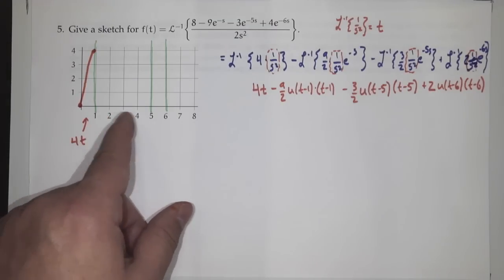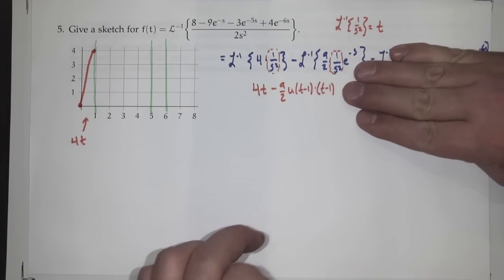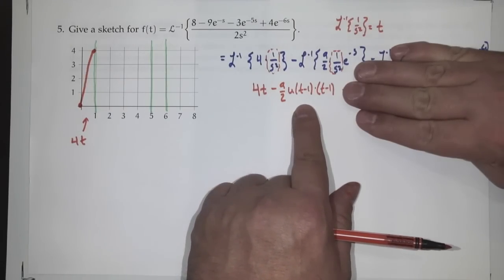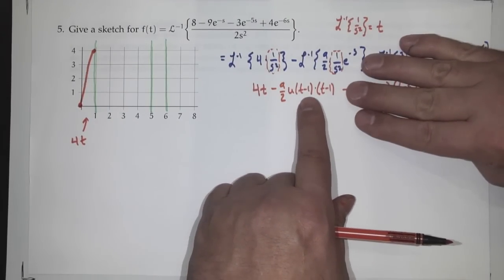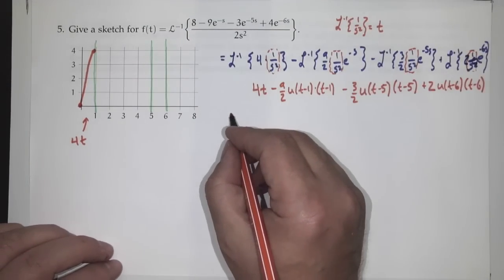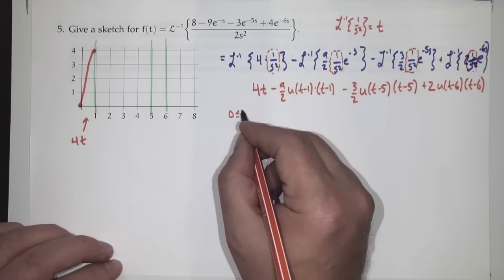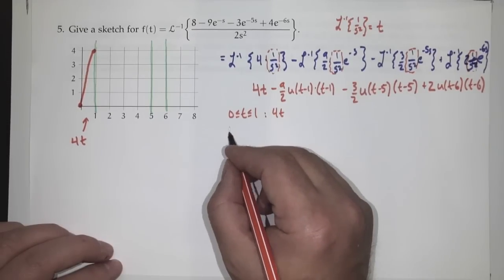Now, between 1 and 5, we've added a new one on. These haven't turned on yet, but this one has. So we'll update what we have. For t between 0 and 1, we're at 4t.